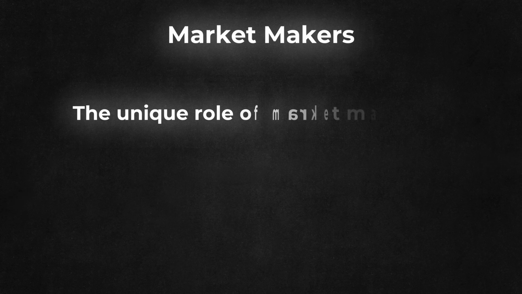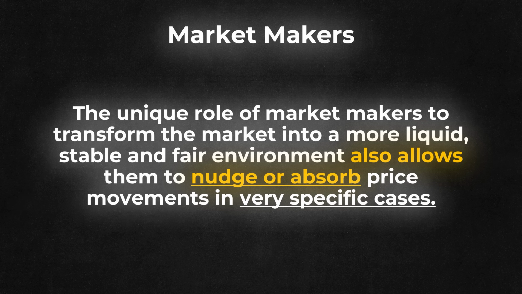The unique role of market makers to transform the market into a more liquid, stable, and fair environment also allows them to nudge or absorb price movements in very specific cases. So the very mechanism that creates a more stable market also allows for the subtle influence of price discovery. Market makers can indeed nudge price in one direction or absorb price movements depending on the order flow.